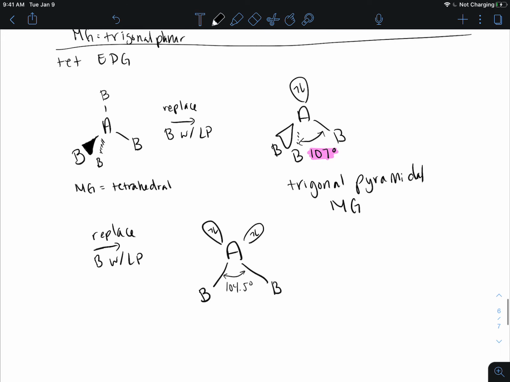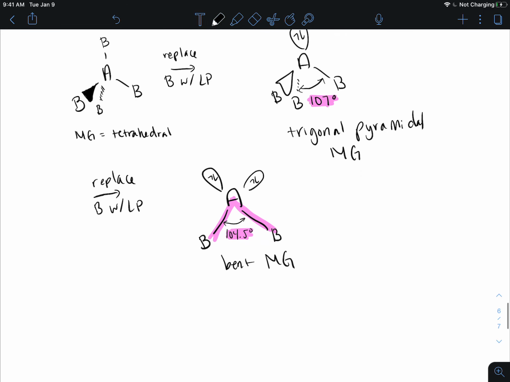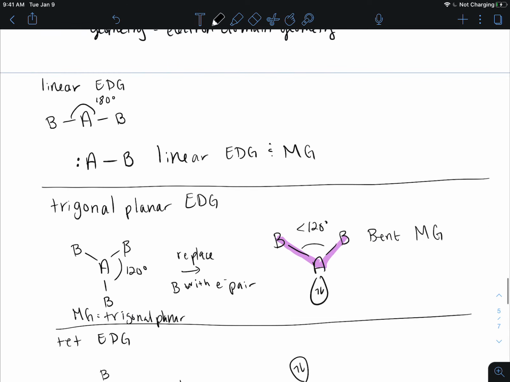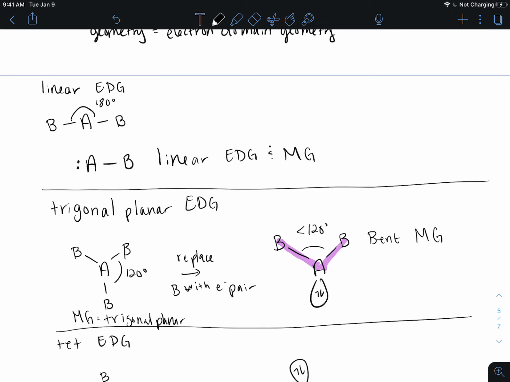And here we get back to that bent looking shape. So this is a bent molecular geometry. This is another bond angle you must know. So if you have a bent molecular geometry for tetrahedral, you need to know that that bond angle is 104.5. With the bent up here, just know that it is less than 120 for your trigonal planar.